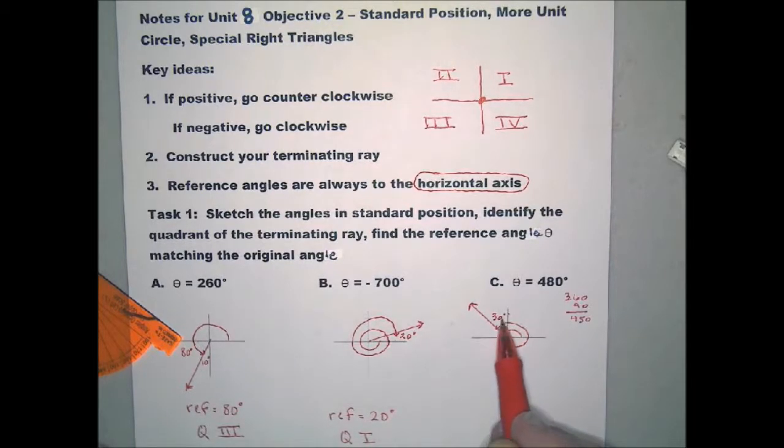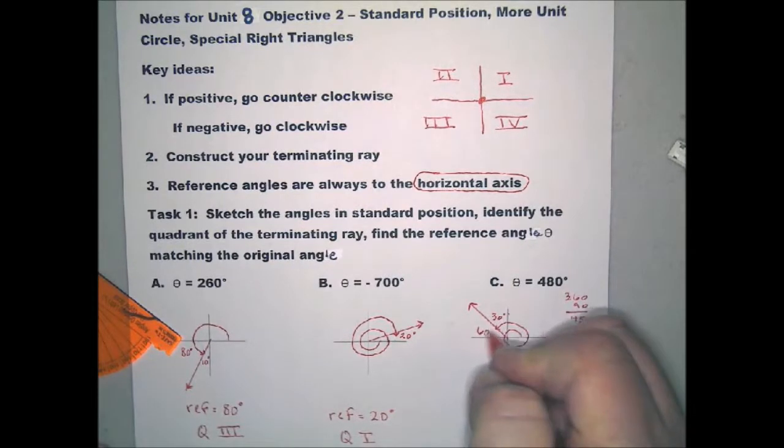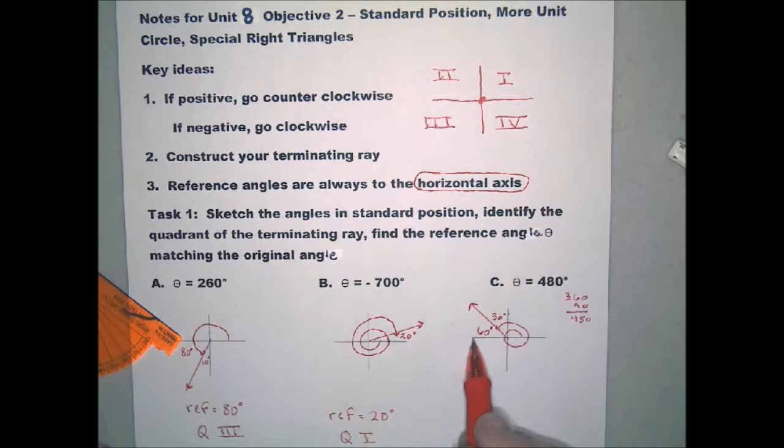So if this is 30 degrees right here, then this is 60 degrees right here. And the reference angles are always on the horizontal axis. So my reference is 60 degrees, and I'm in quadrant 2.